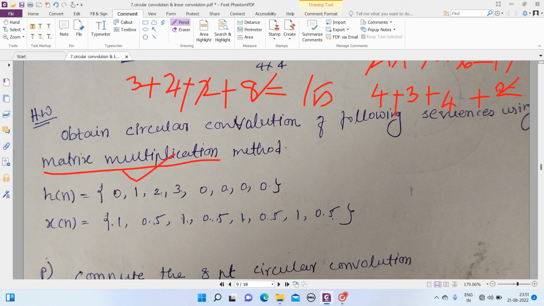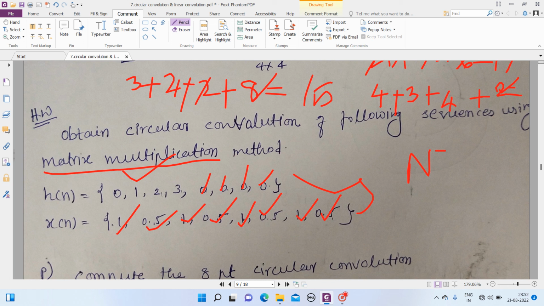So they have given the two sequences. You can take any of the sequences as a matrix. Here the sequence is 1, 2, 3, 4, 5, 6, 7, 8, and here 1, 2, 3, 4. So here the end point is 8, right?